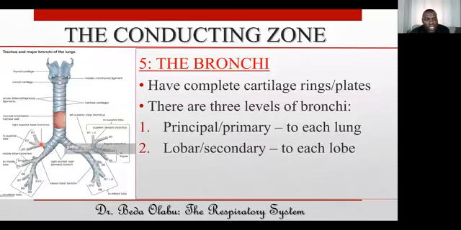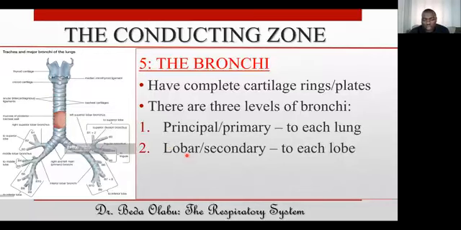On the right side, there are 3 lobar bronchi, which means the right lung has 3 lobes. On the left side, we have 2 lobar bronchi, which means on the left side, there are 2 lobes.